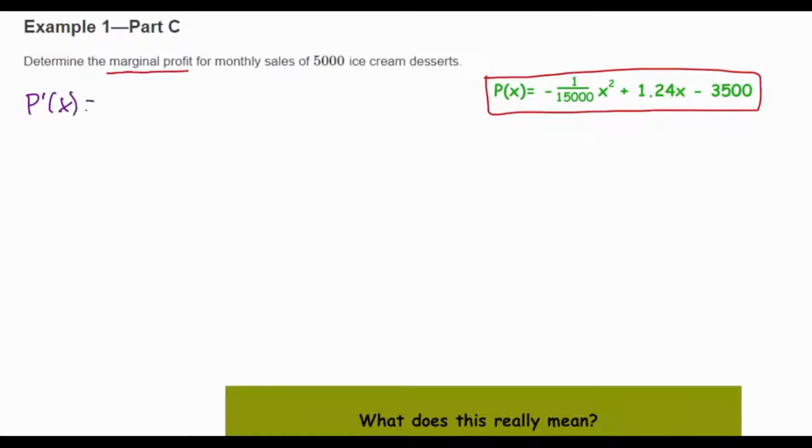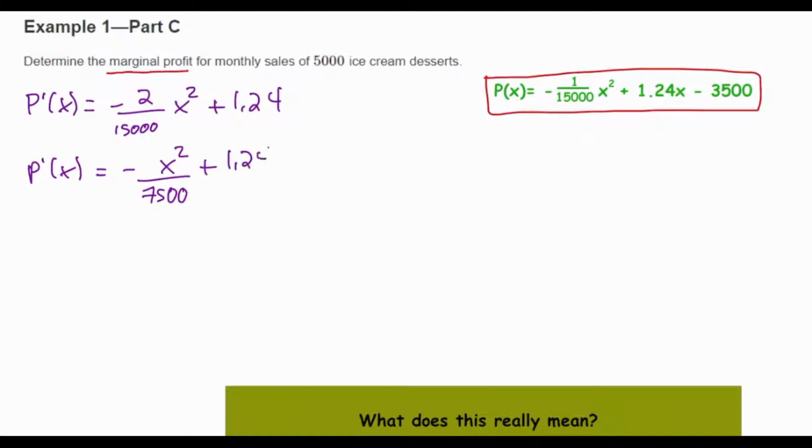P prime X is going to be equal to -2 over 15,000 x squared plus 1.24, or P prime X equals -x squared over 7,500 plus 1.24.